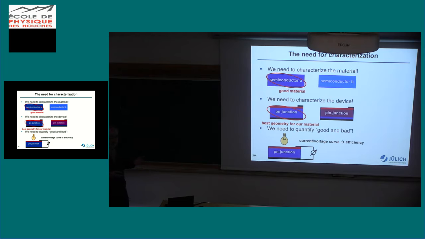And of course, in the morning we had this very general model. There was only one quantity, the band gap energy, that's it. If you go to the real situation, you get a lot more material parameters and device parameters that are important.